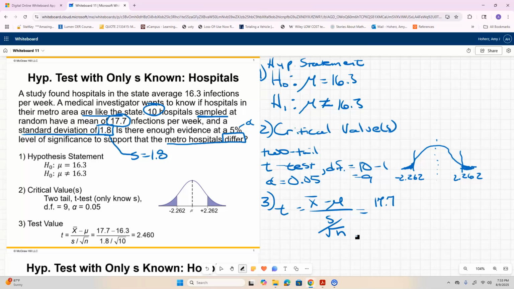So 17.7 minus our mu that we used in our null hypothesis, which was 16.3. We're going to divide that by the sample standard deviation, which was 1.8. And we're going to divide that by the square root of 10, which was our n. So that would be 1.4 over whatever we get for the answer on the bottom.